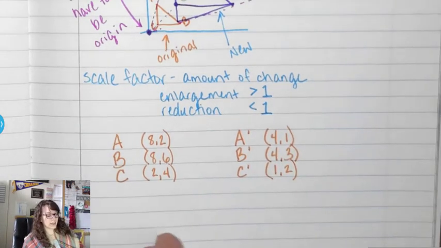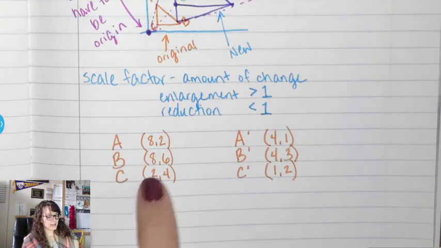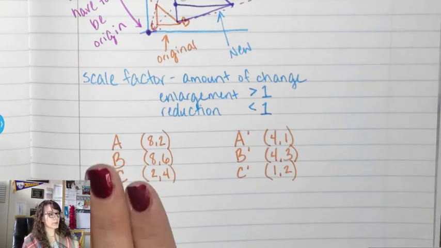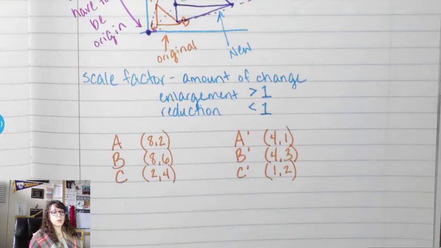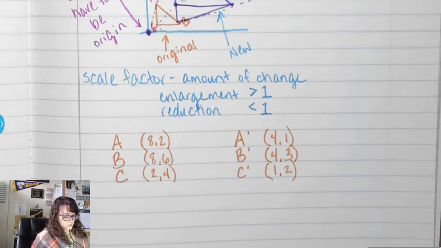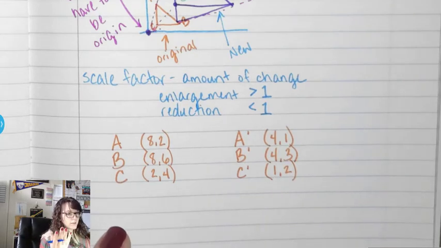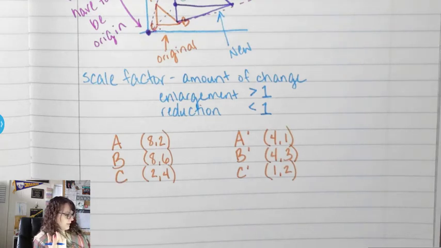Now, just looking at A from the original to the new, can you see something that stands out? What do you see? Got divided by 2. Now, if I were to put a value of dividing by 2, what is that number? 0.5, which is half.